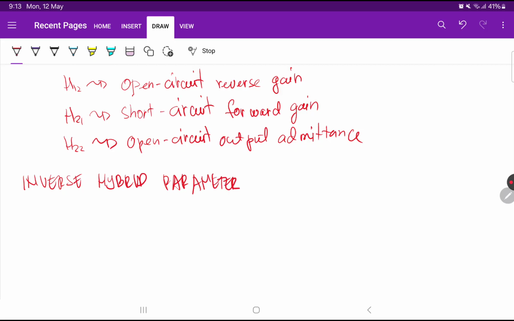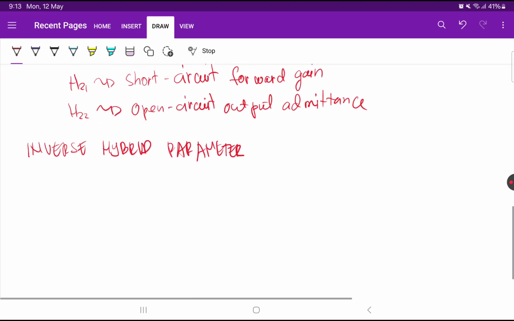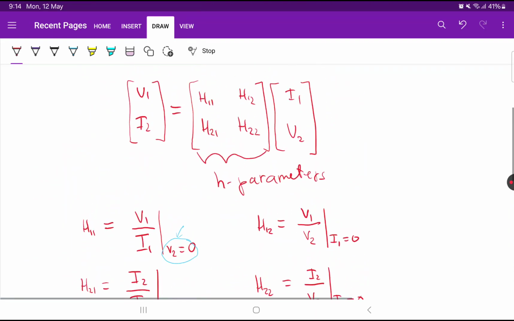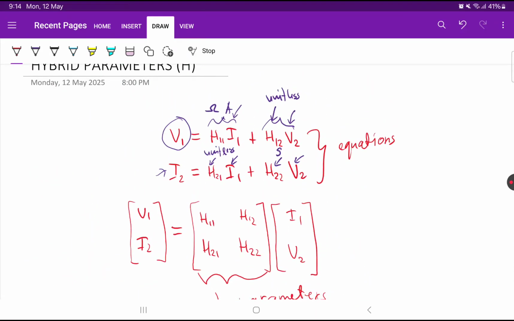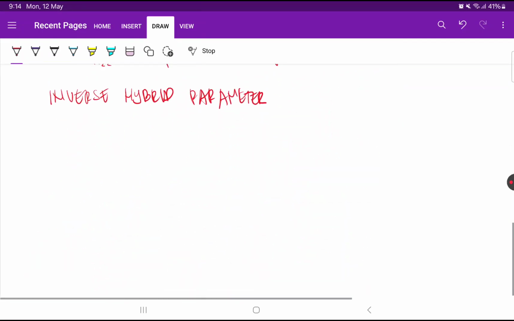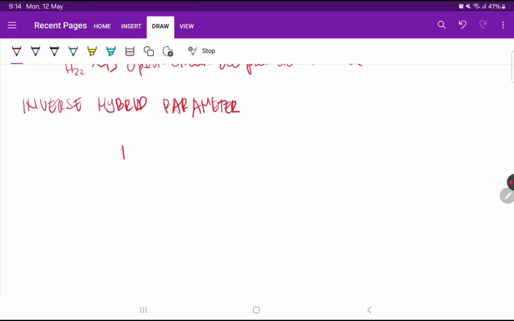The only difference is the dependent variables are interchanged. So instead of the first equation being solved for V1, in this one the first equation will be in terms of I1. The second equation will be in terms of V2. So it's just the interchange. It's the inverse actually of the hybrid parameter.